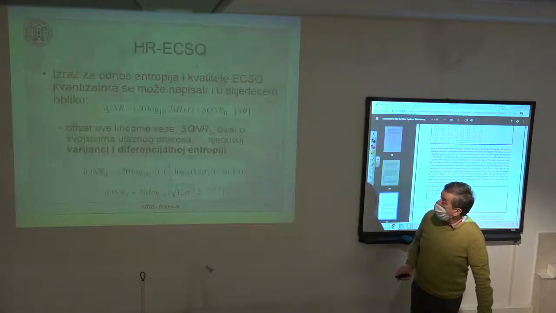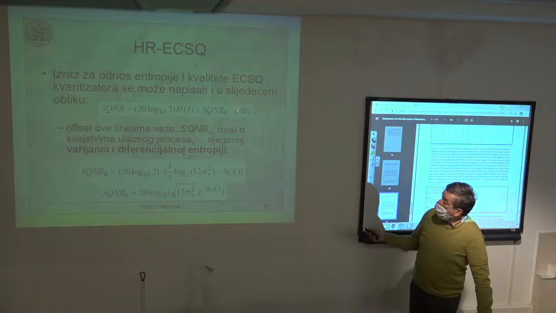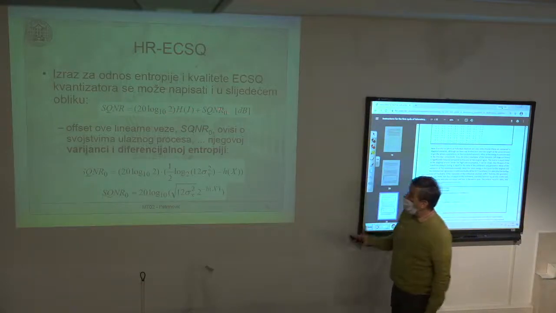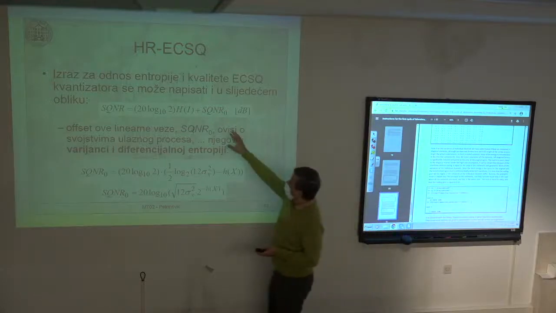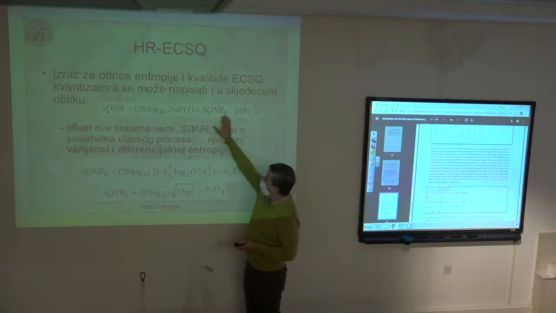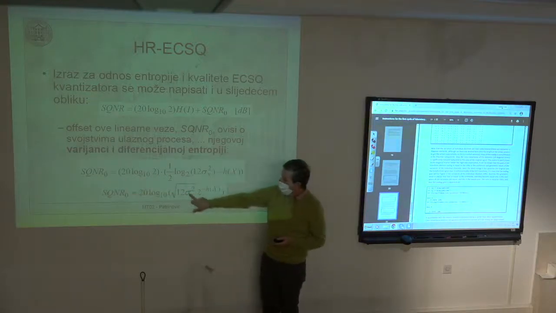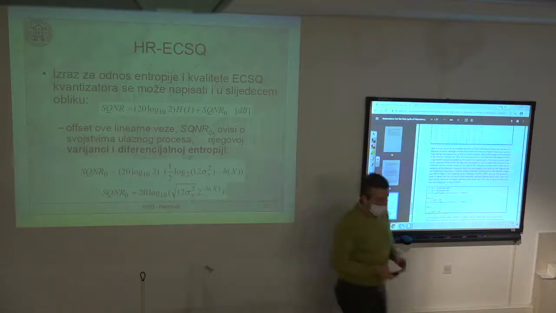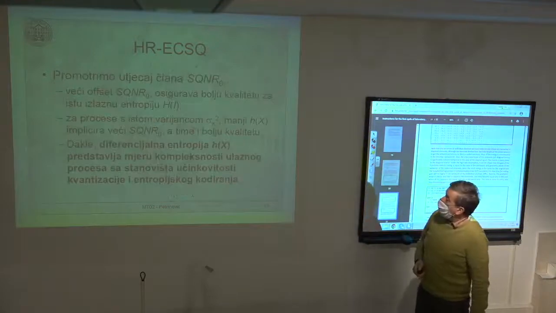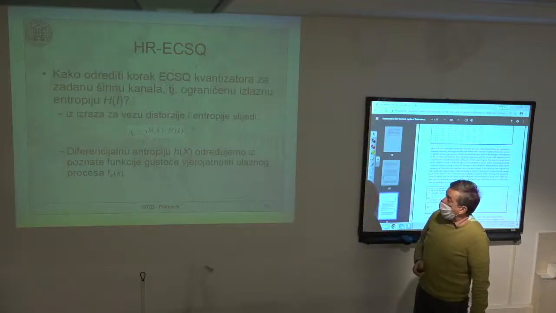The next expression is a linear relationship between the quality and the rate. And this linear dependence has this offset term, SQNR0, and this offset term, SQNR0, depends on the signal variance. It depends on the differential entropy of the signal. Finally, now we can solve 2 problems.